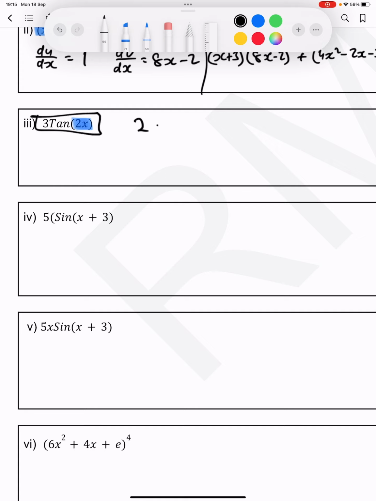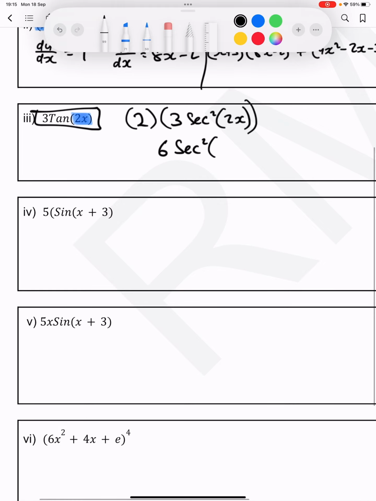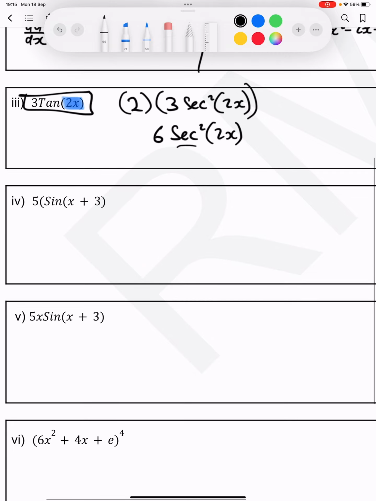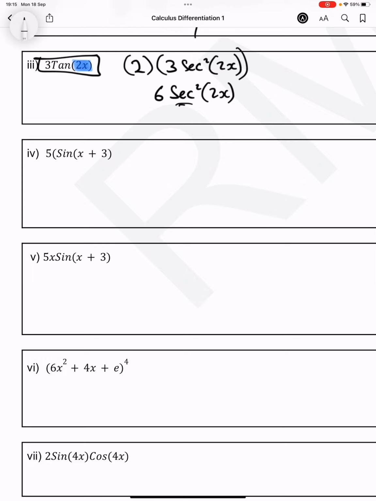So 2 times tan becomes sec squared, and whatever the angle is, 2x. So this would be 6 sec squared 2x. That would be how you derive that, okay? And again, there's a button on your calculator for sec. Okay, moving on down to the next one.